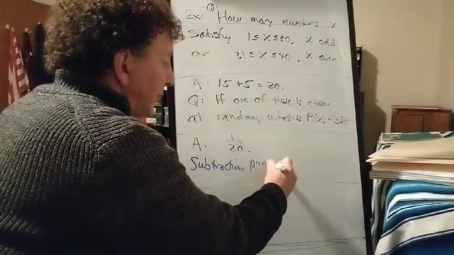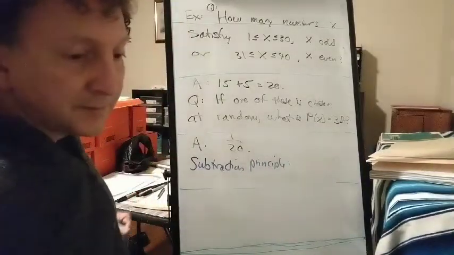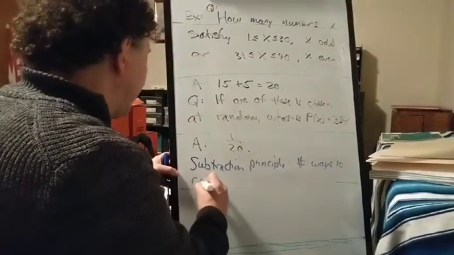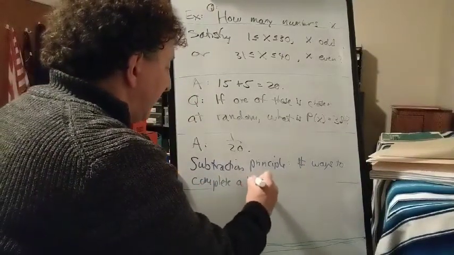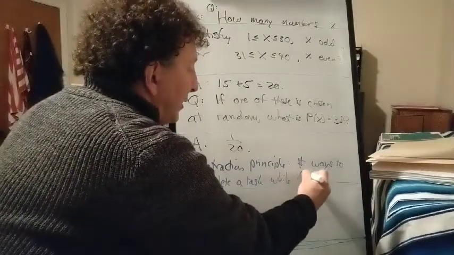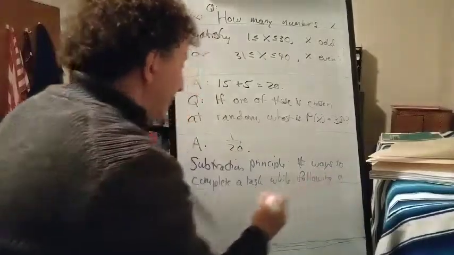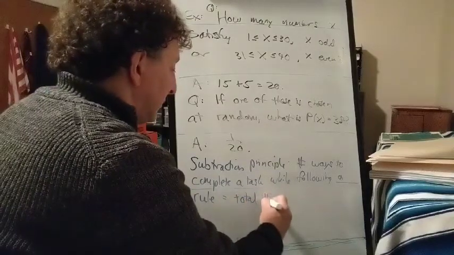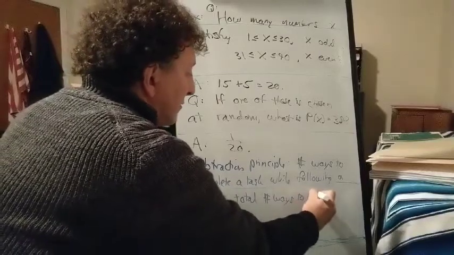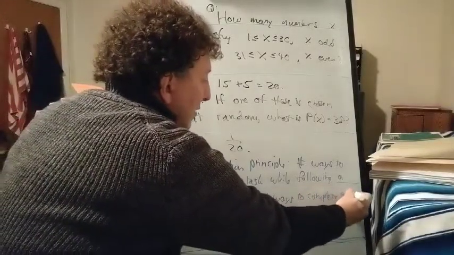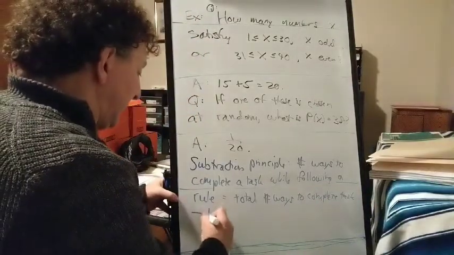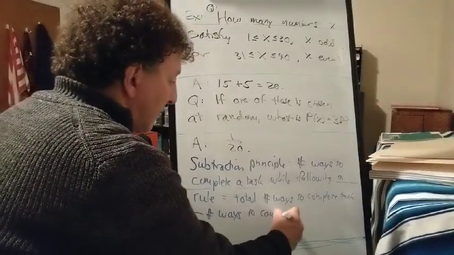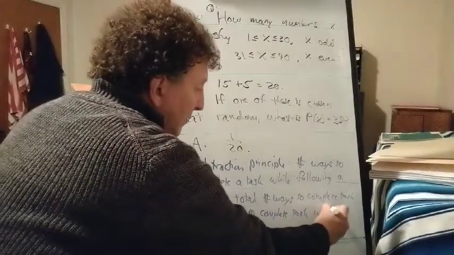The subtraction principle says that the number of ways to complete a task while following a rule is equal to the total number of ways to complete the task minus the number of ways to complete the task while breaking the rule.